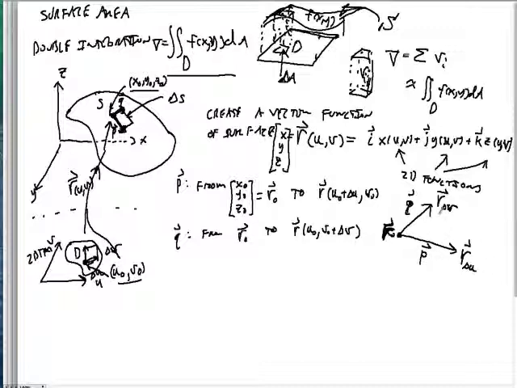All right, so the question is then, these create two of the sides to this area, which we'll call delta s. So the question is, how do we find that area?